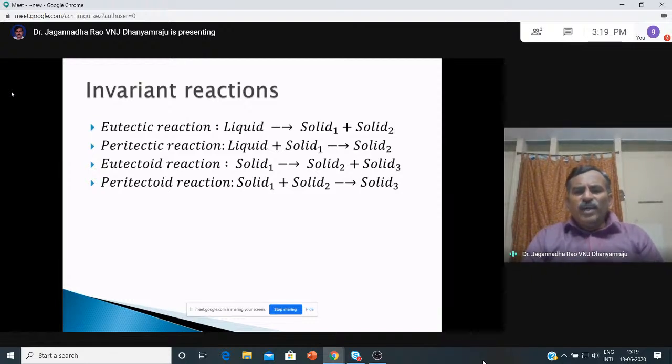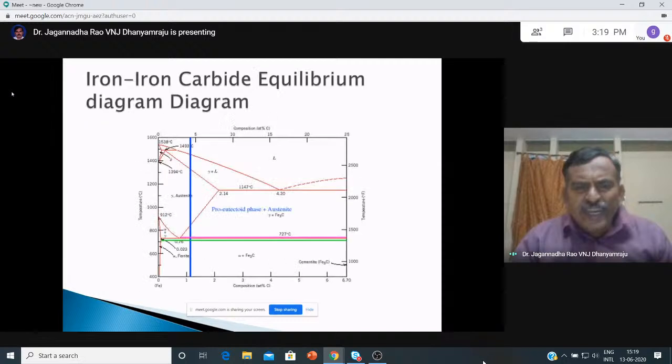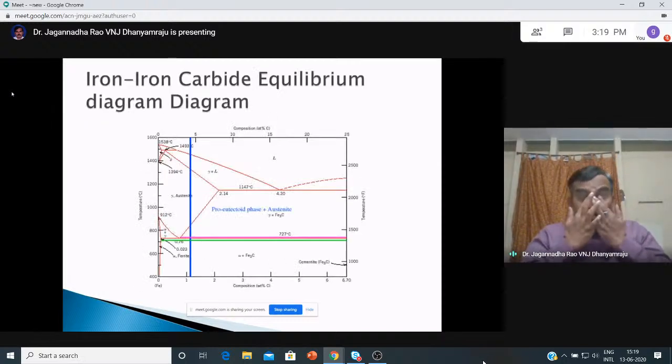In eutectoid reaction, solid 1 is separated into solid 2 and solid 3. In peritectic reaction, a liquid and a solid combine to form a new solid. And in a peritectoid reaction, solid 1 and solid 2 combine to form a new solid. So those are the invariant reactions.